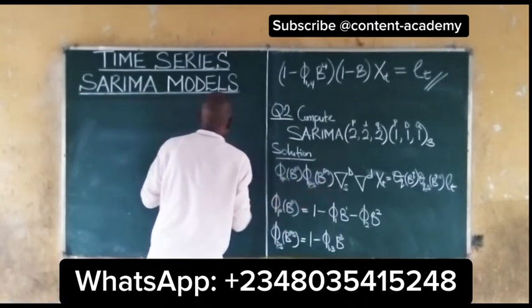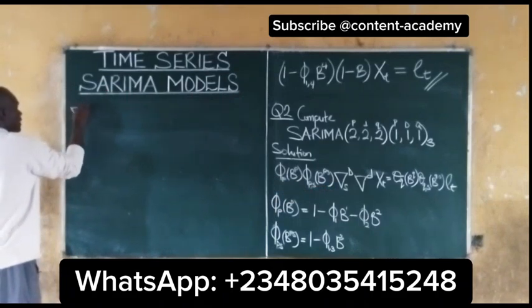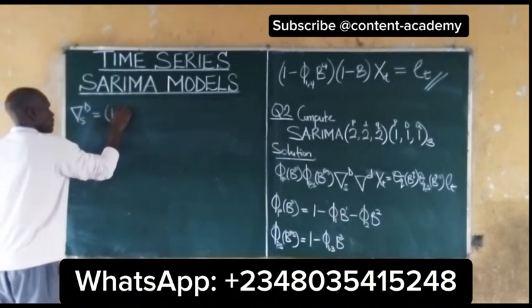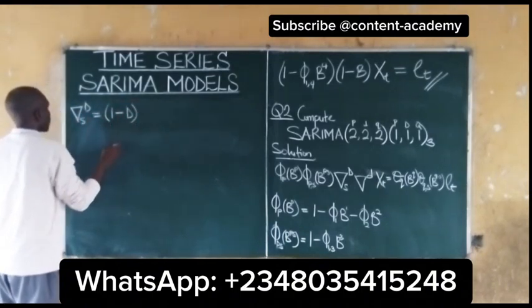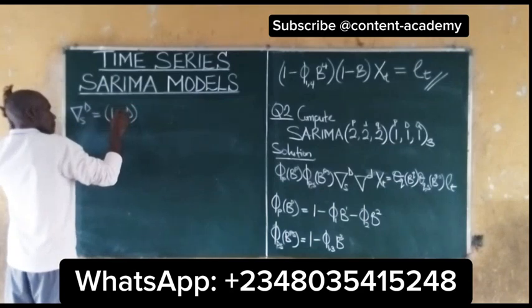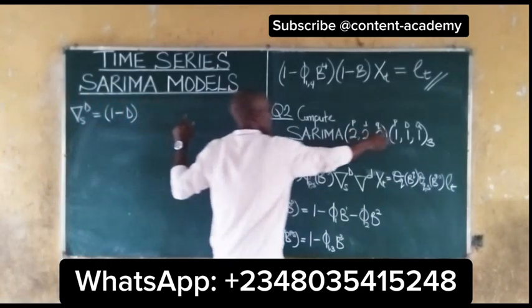Now, we have our seasonal differencing part, which is (1 minus B^S)^D. Our D here is 1.